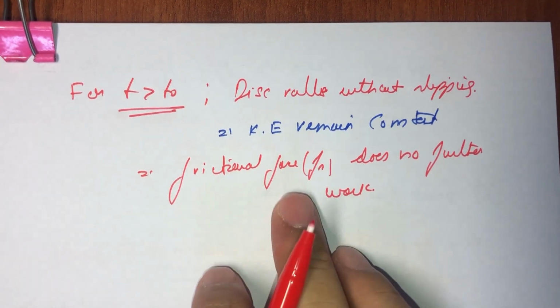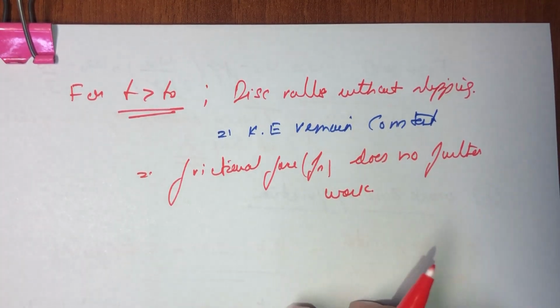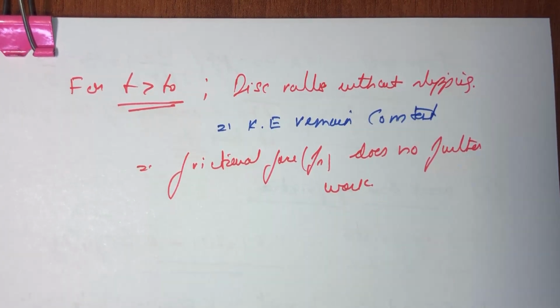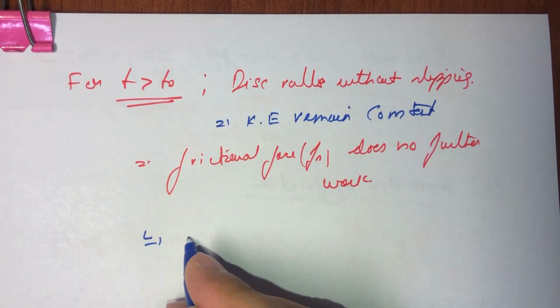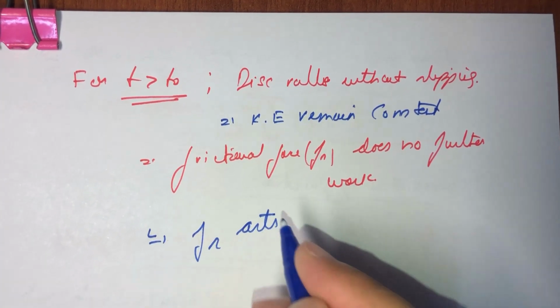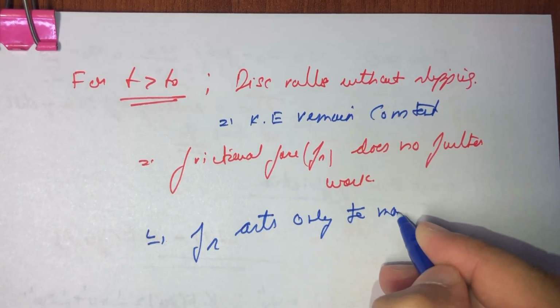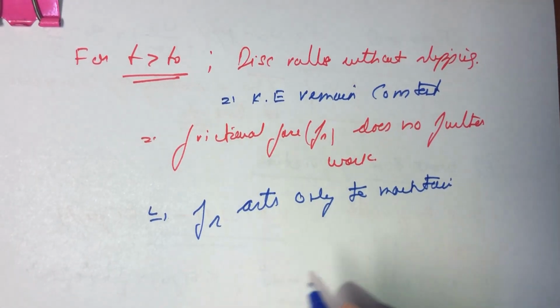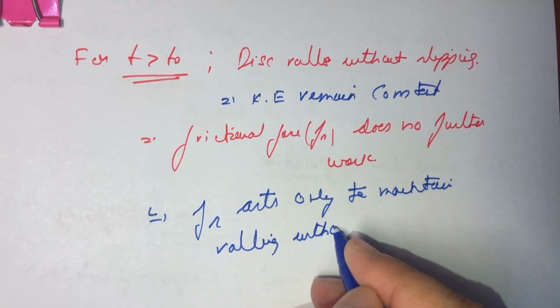The friction force Fr is only providing the angular acceleration, or we can say the angular velocity. So from here we can also say that Fr acts only to maintain the rolling without slipping.